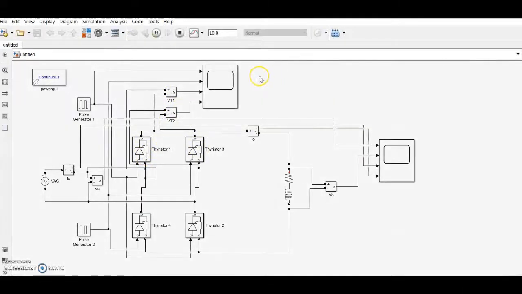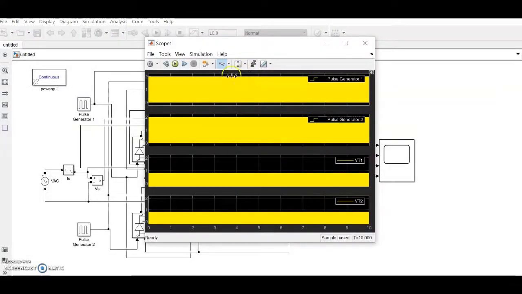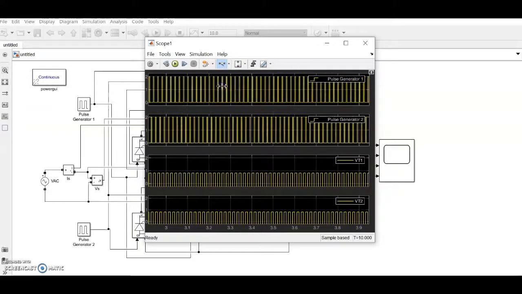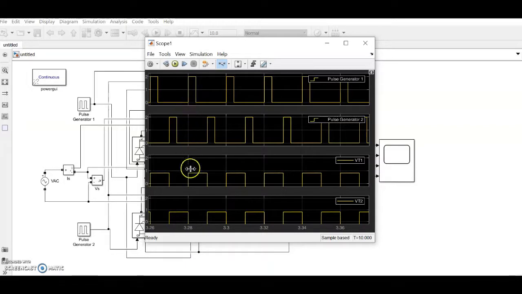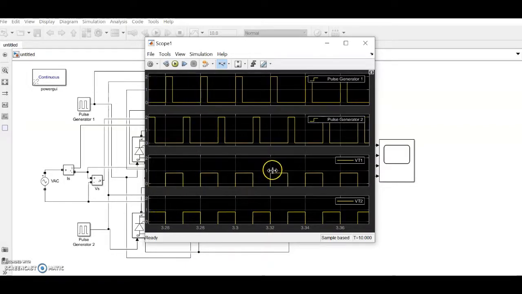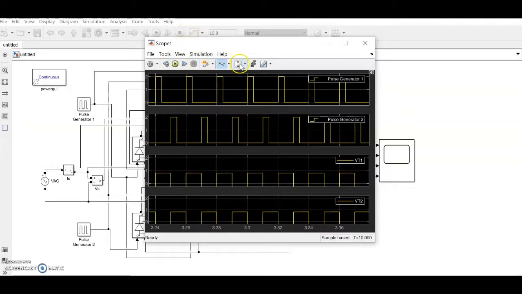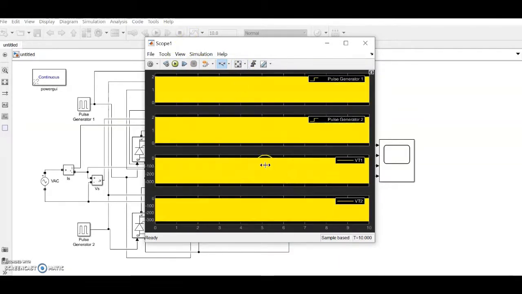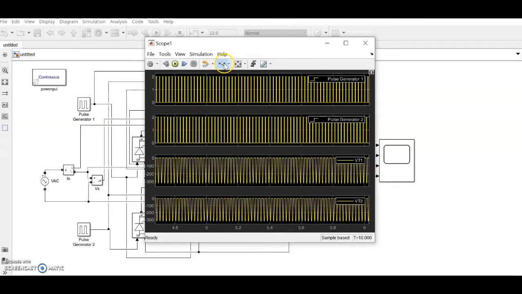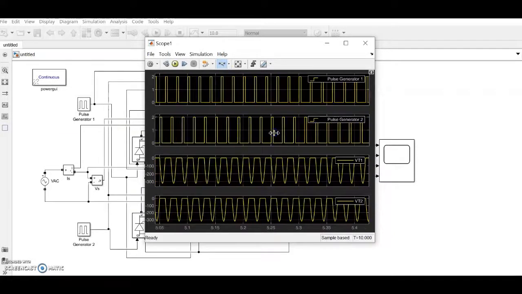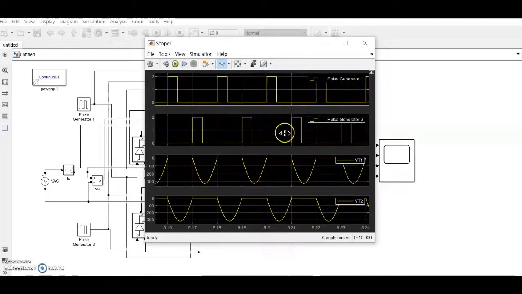Now let us see. Once this is on, this is for pulse generator 1.